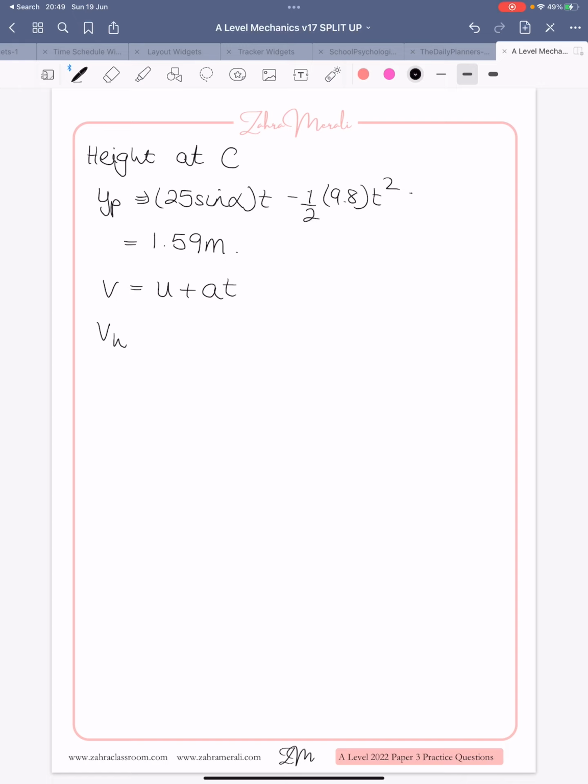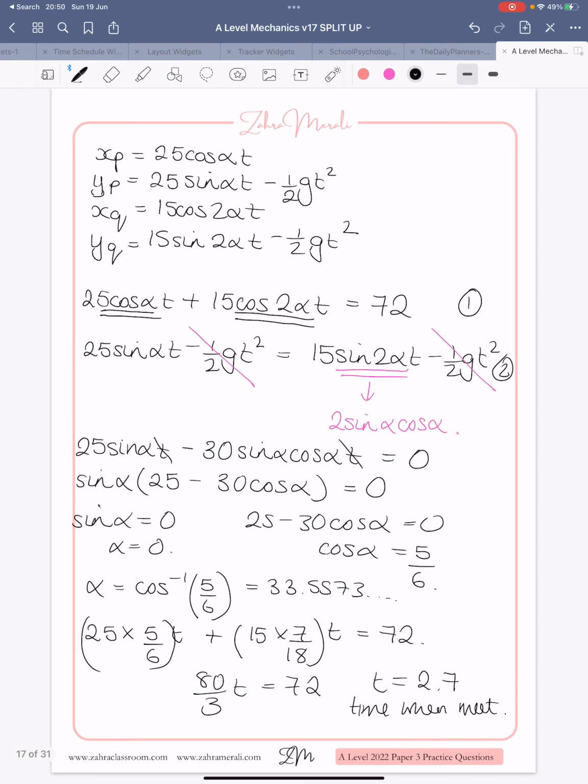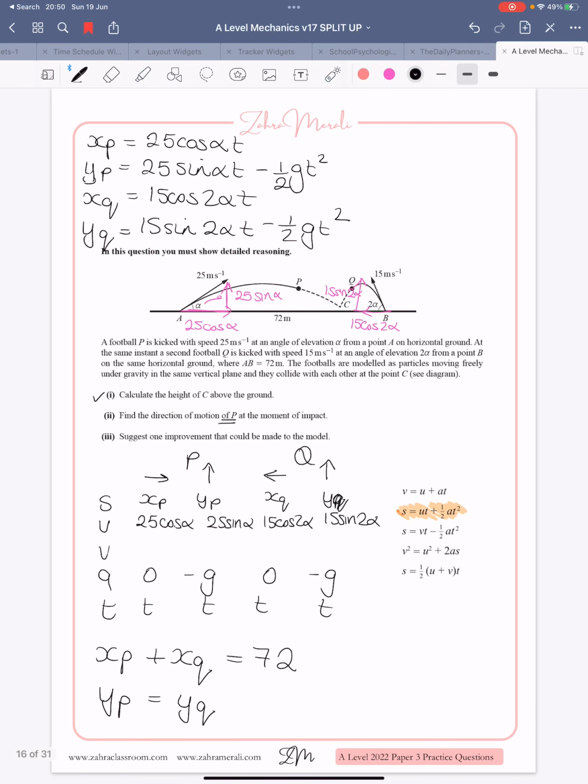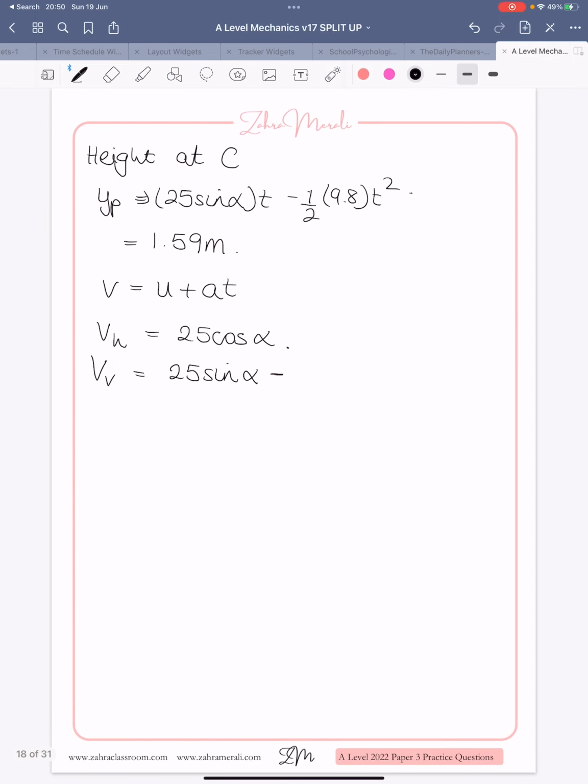So my v horizontally is just going to be 25 cos alpha. My v vertically, however, is going to be 25 sin alpha minus g t, and we know the t when they meet, which was 2.7.